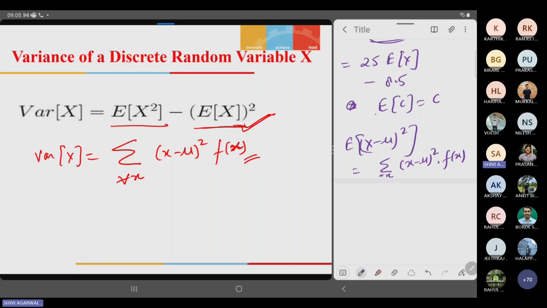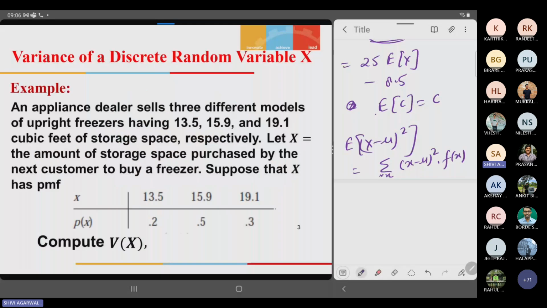There is a derivation of this formula also, but we are not doing it here. Now you can easily calculate the variance, because you can calculate the expected value of x square and the expected value of x whole square. So now we can move ahead, use the same question and compute the variance of x.